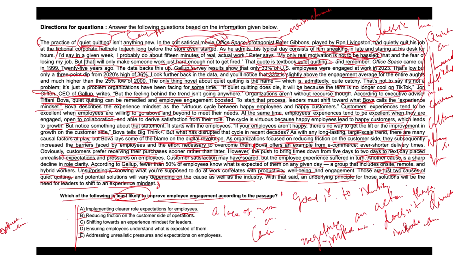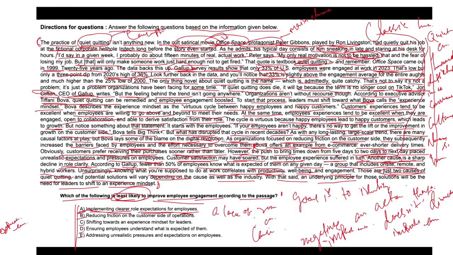So option A is directly suggested as a way to improve employee engagement, isn't it? Implementing clearer role expectations for employees.